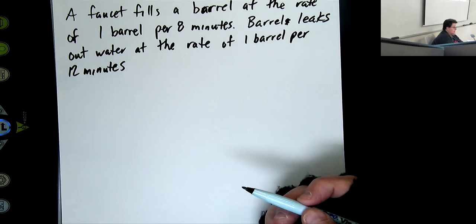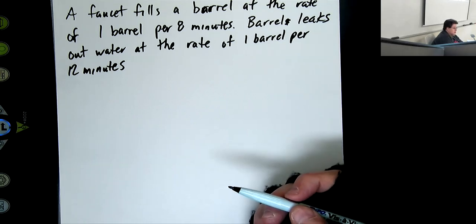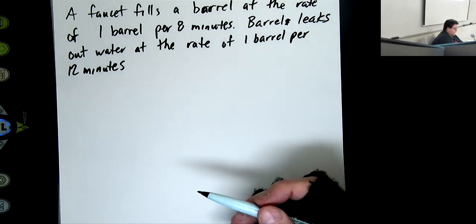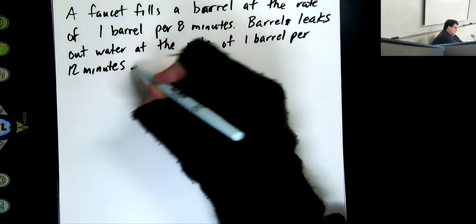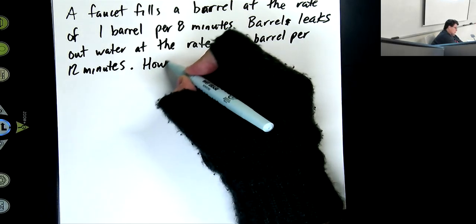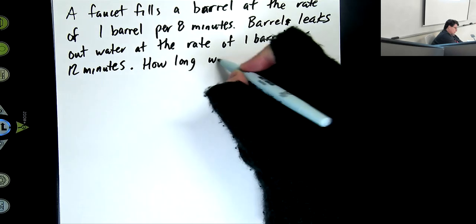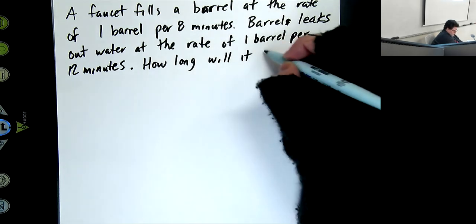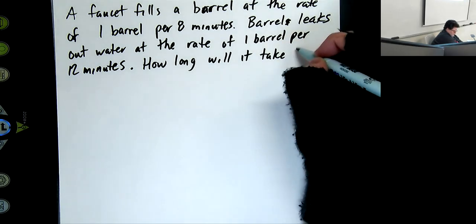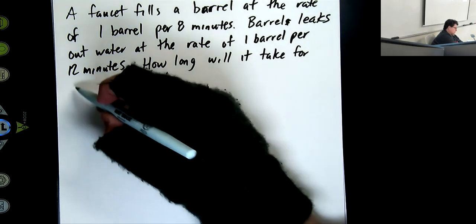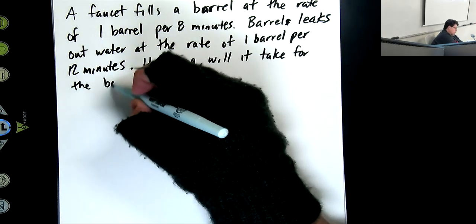Which means if we leave the faucet on, eventually the barrel is going to overfill. That's what we want to figure out. How long will it take for the barrel to overfill, or overflow?